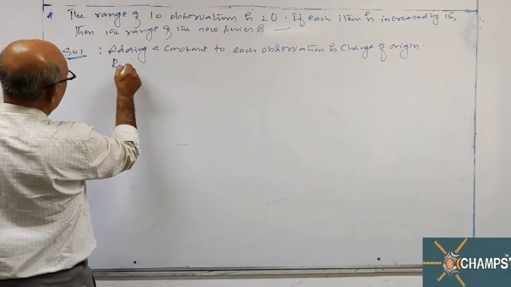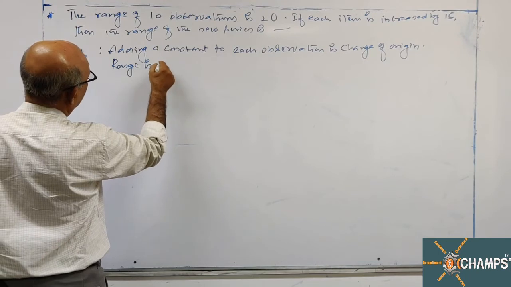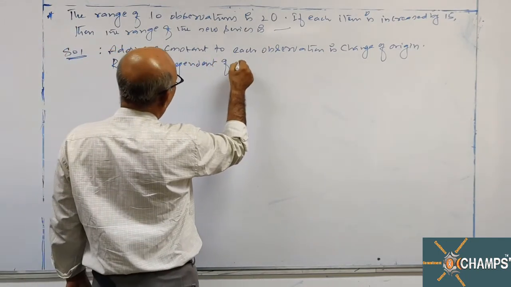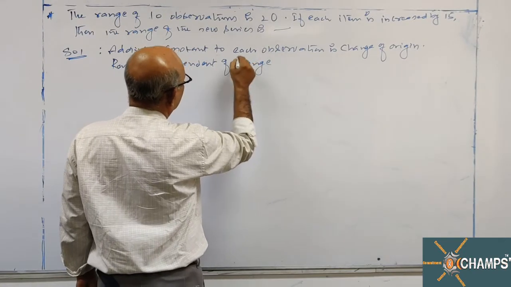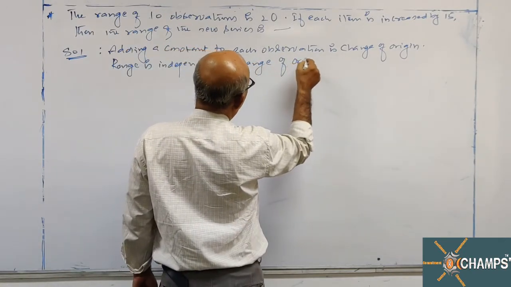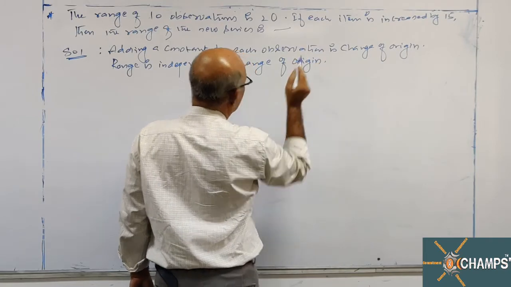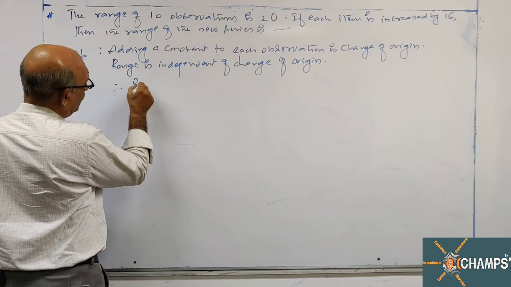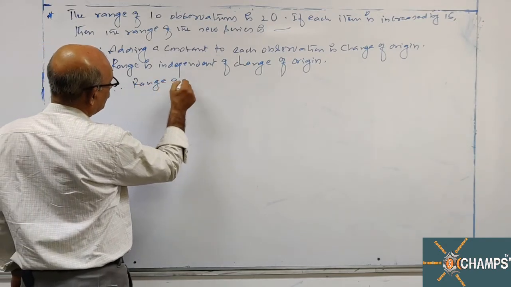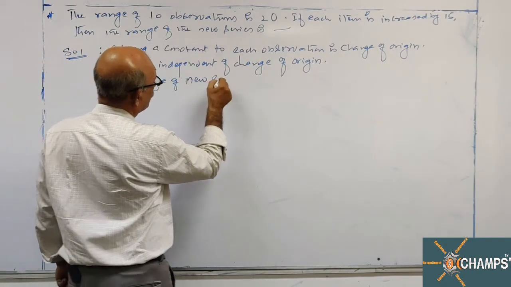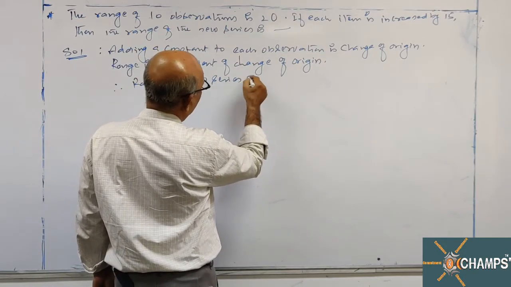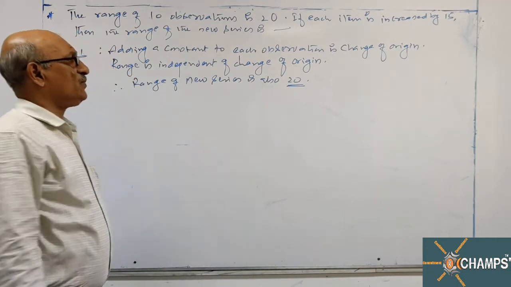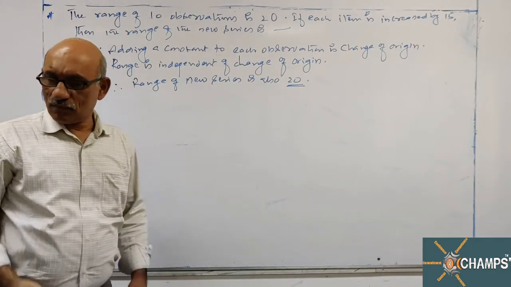Range is independent of change of origin. Therefore, the range of the new series is also 20.